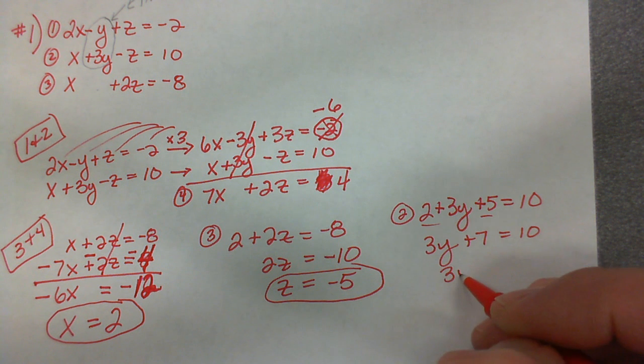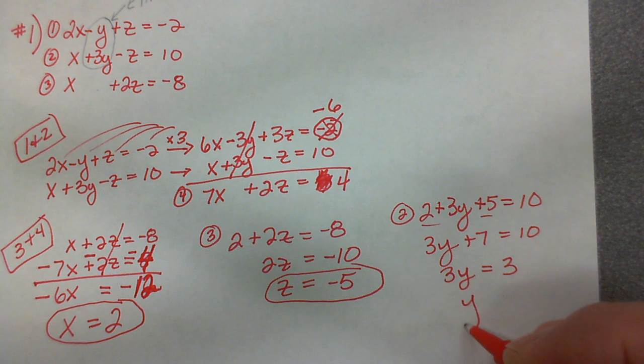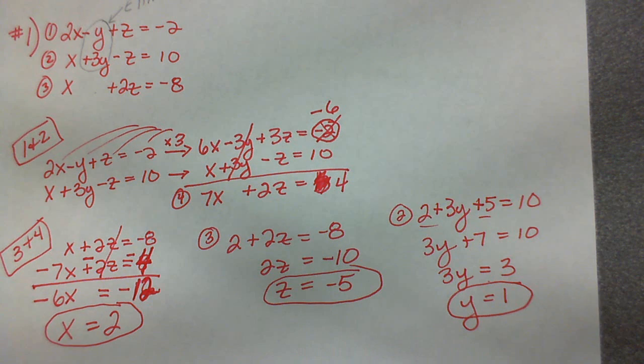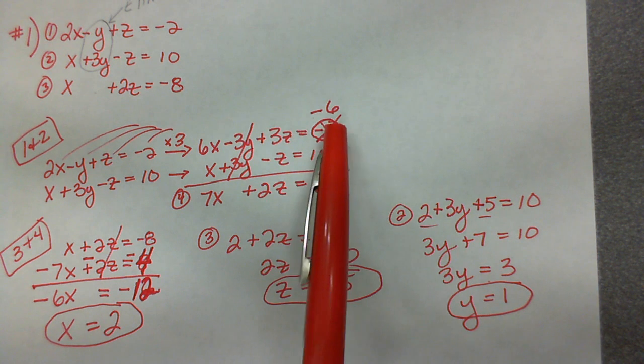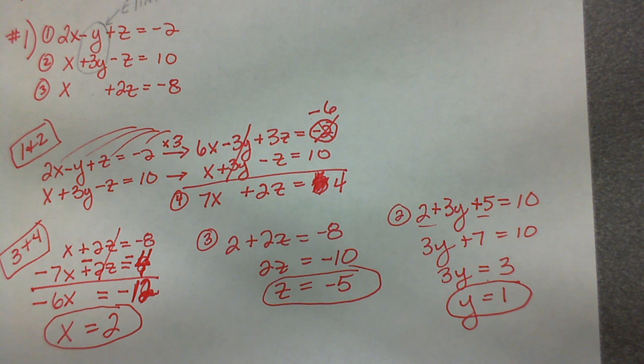So 3y equals 3, so y equals 1. And there's your solution. Mr. Renow made a mistake, found his mistake, and showed you how easy it is. You would just erase that number, this number, that number, and this number, and now we are all squared away.